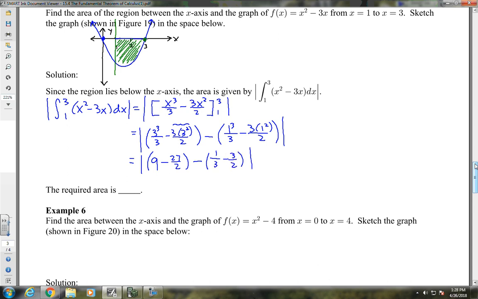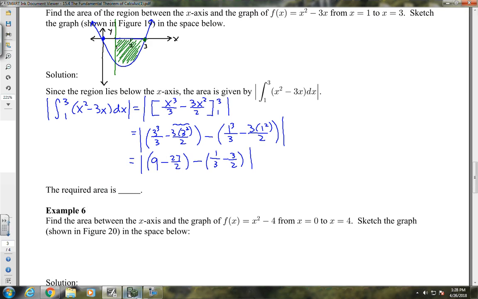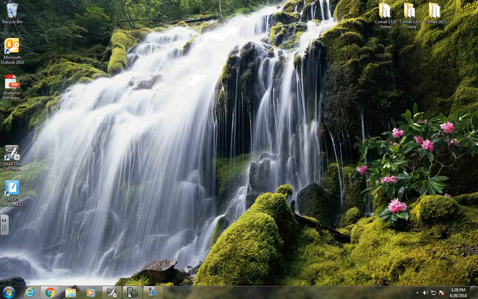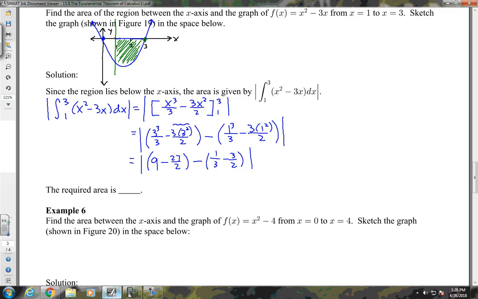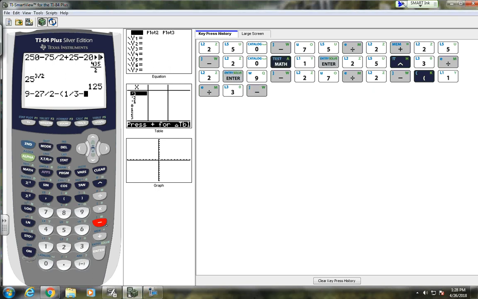Okay, so I'm going to type in that middle part into my calculator, starting with 9 minus 27 over 2. Then we're going to subtract, in parentheses, 1/3 minus 3/2.